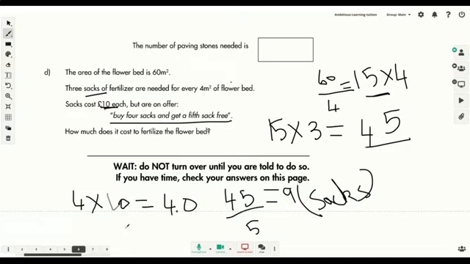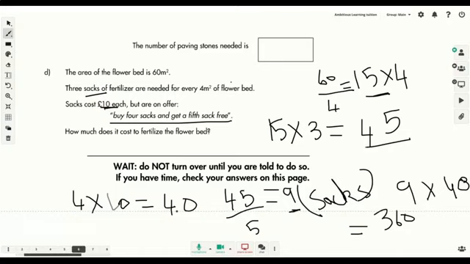And then you need to know how much 9 lots cost. So you just need to multiply 9 multiplied by 40. That gives you guys 360.